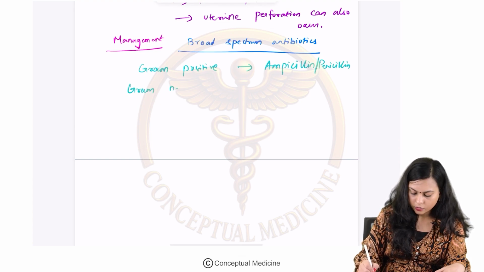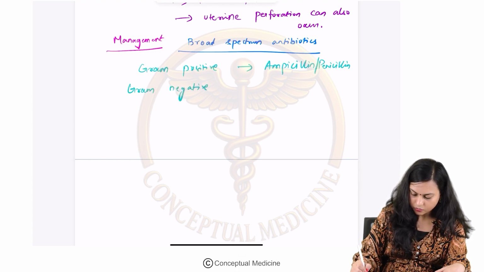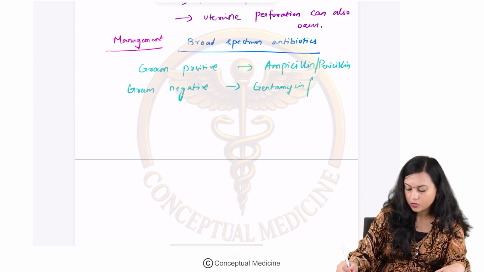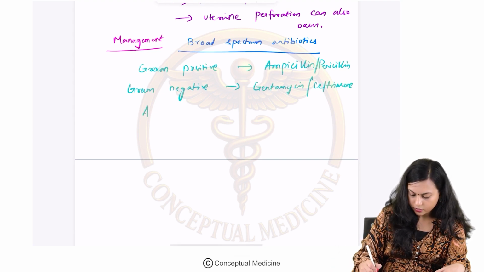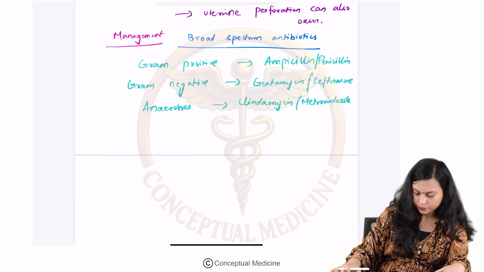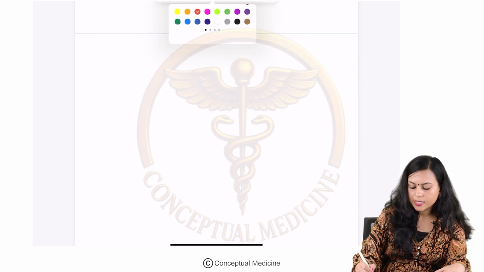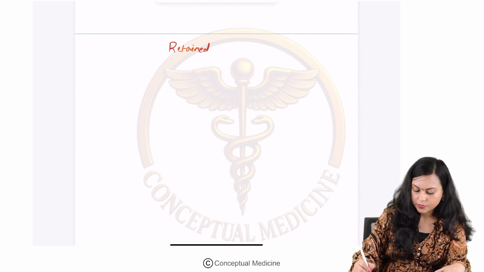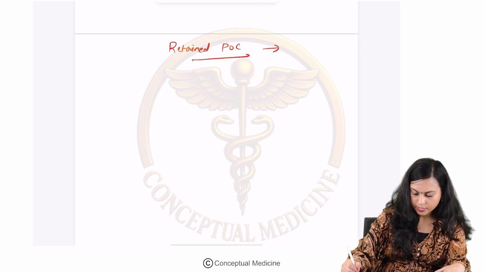When it is a gram negative organism, you can give gentamicin or ceftriaxone, and when there are anaerobes, you can give clindamycin or metronidazole.